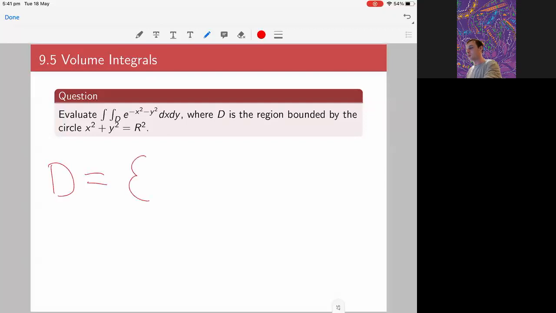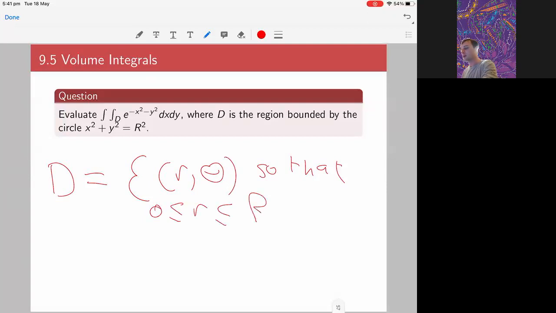So in polar coordinates, this is the set of all angles and radii so that small r is between 0 and capital R. And theta, well, it's a circle. There are no constraints on theta. Theta just lies between 0 and 2 pi.